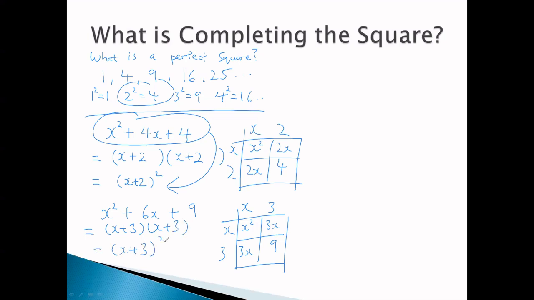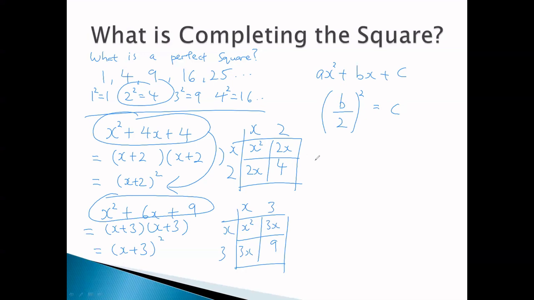Now, how did I know how to create quadratic expressions that end up being perfect squares? Simply because in a quadratic expression, ax squared plus bx plus c, where a, b, and c are numbers, of course, if I take b over 2 and I square it, if this answer equals c, then I know that I have a perfect square.